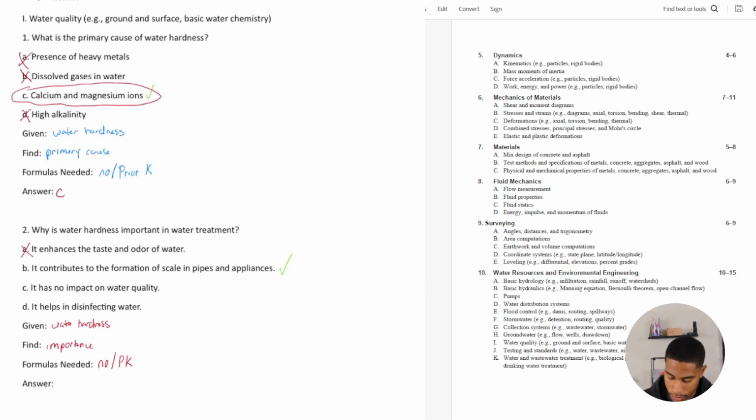Has no impact on water quality. Oh, yes, it does. And it helps in disinfecting the water. No. The harder the water is, the more concentrated the calcium and magnesium ions that are in the water. So our answer is going to be B.